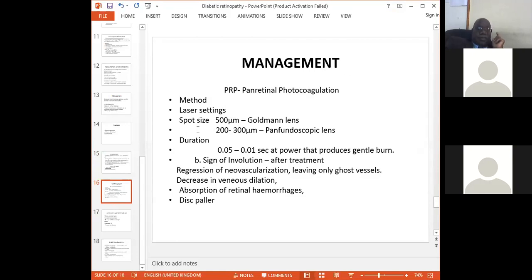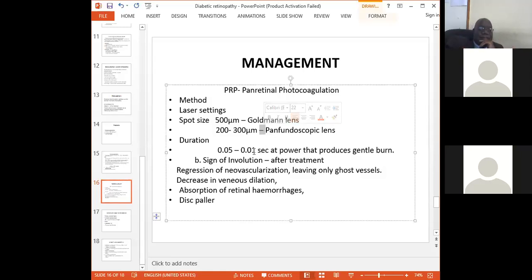These are the laser settings they use. Those new vessels have to be ablated. They get cleared with laser using a fundoscopy lens on the slit lamp with that laser there.